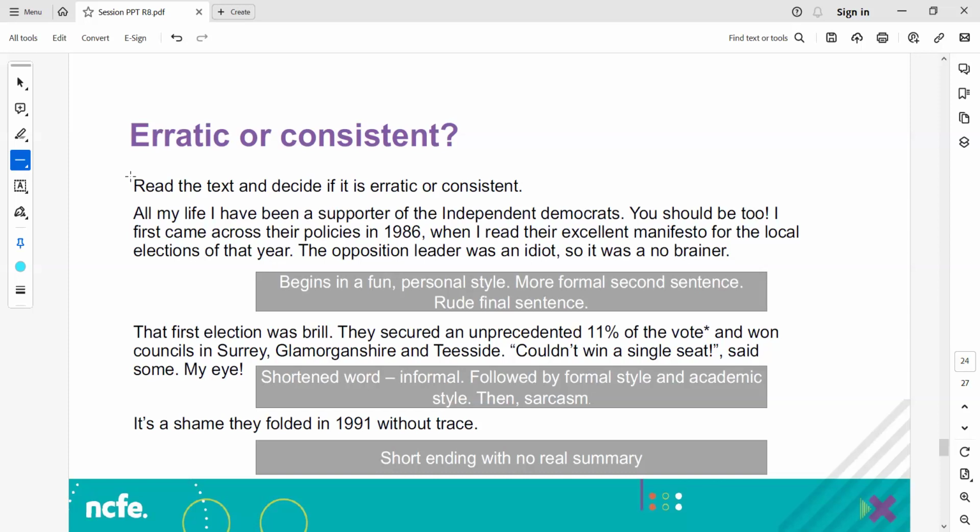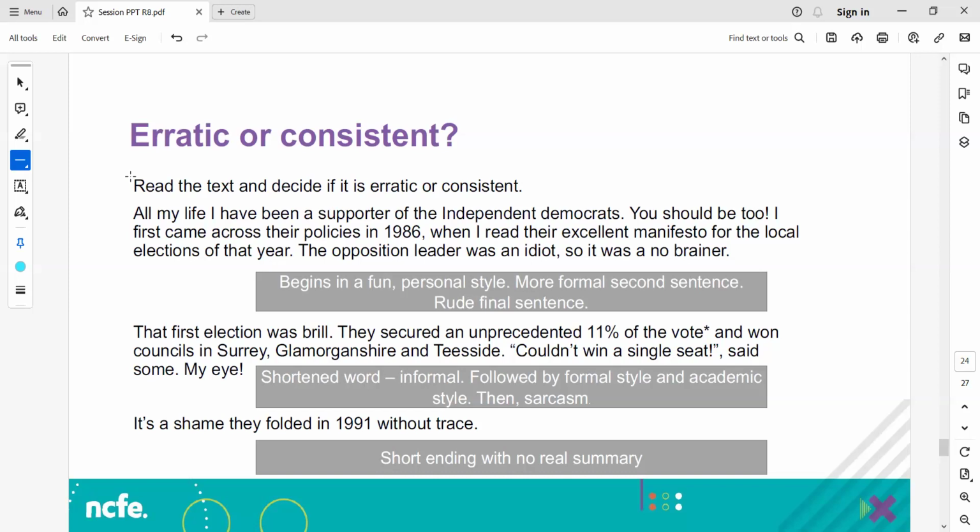So if we look at the grey boxes, we can see some of the features of this piece of writing. So there's a fun start. It's personal. I have been a supporter. You should be too. But then the second sentence becomes more formal: I first came across their policies in 1986 when I read their excellent manifesto.